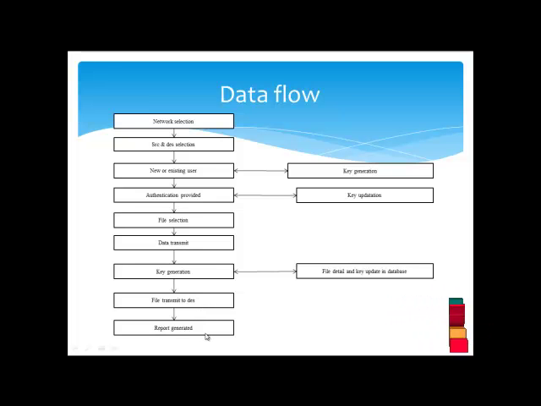The report can be generated to make sure that the secured transmission is done and the authenticated destination user has received the file from the source. The report can be generated and updated in the server to send the notification to the source to make sure that the file was transmitted more securely.